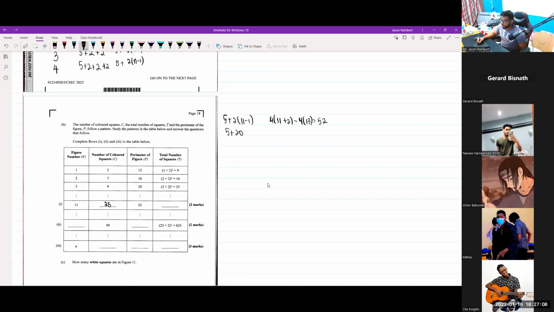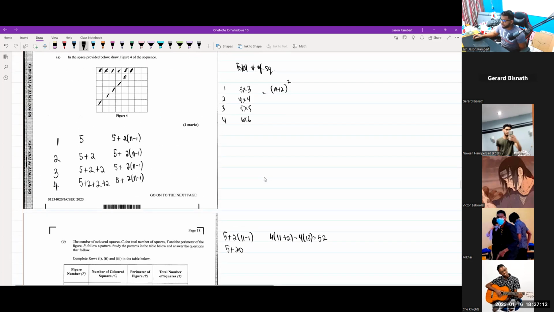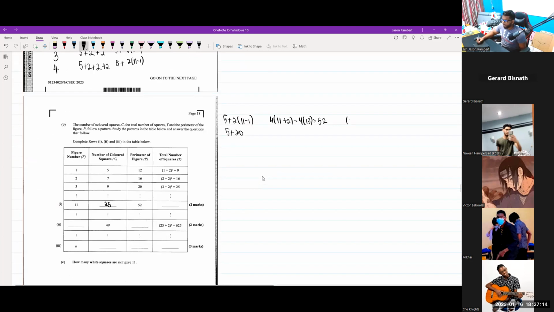And the total number of squares is n plus 2 squared, so 11 plus 2 squared. That's 13 squared, which is 169. Yes, sir.